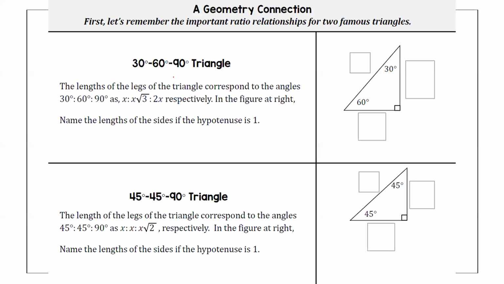So if you have a 30, 60, 90 triangle and it says that the hypotenuse is 1, these are the ratios that you follow. The side across from 30 degrees is going to be x. The side across from 60 degrees is going to be x square root of 3. And your hypotenuse, across from 90, is going to be 2x.